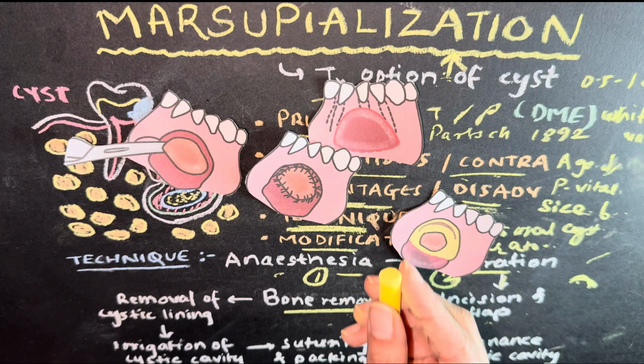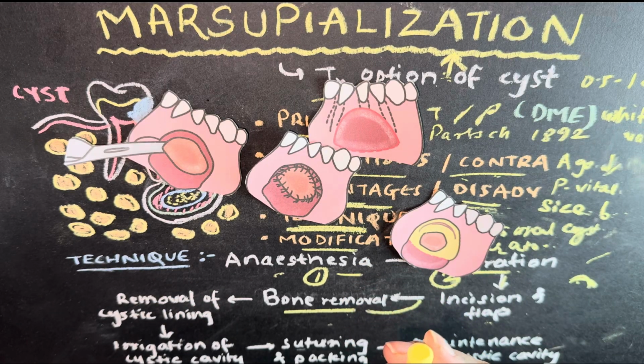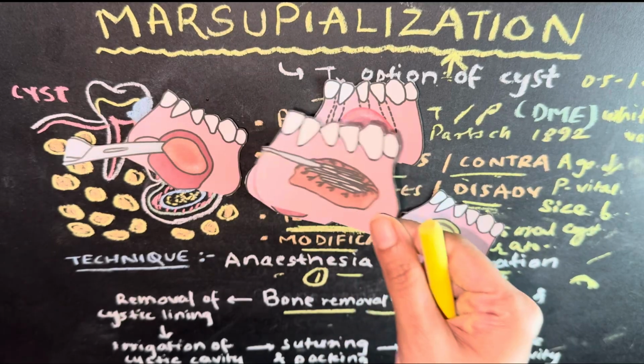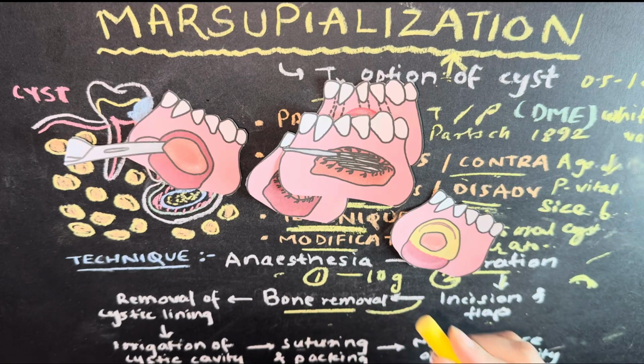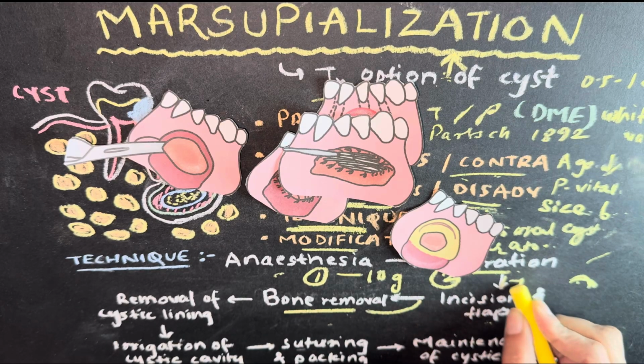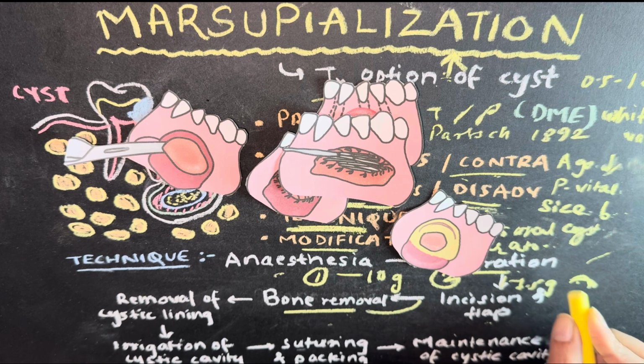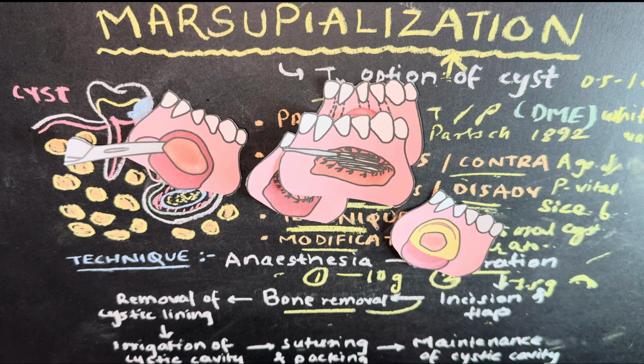Now what is the composition of the Whitehead varnish? It contains 10 gram benzoin, 10 gram iodoform, 7.5 gram storax, and 5 grams balsam of tolu, and 100 ml of the ether solvent.